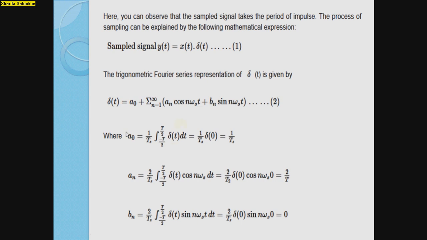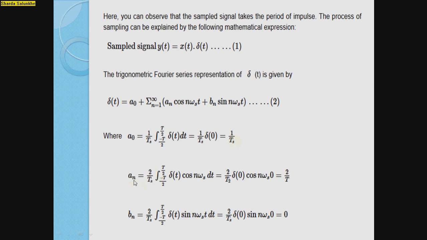The coefficient a0 is 1 by Ts times the integration from minus Ts by 2 to plus Ts by 2 of delta of t dt. That is equal to 1 by Ts, because over this interval delta of t is available only at the 0 period, so delta of 0 is equal to 1.